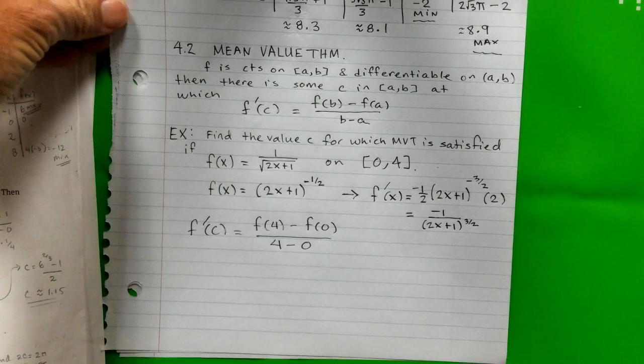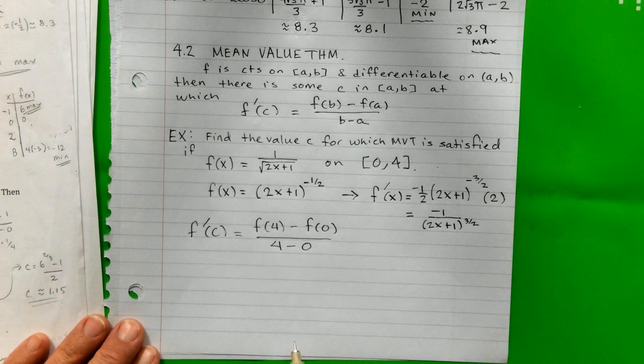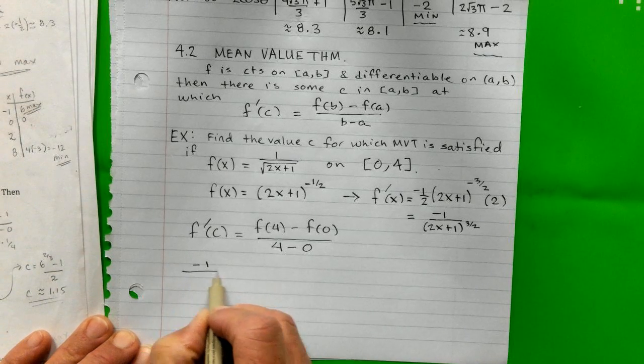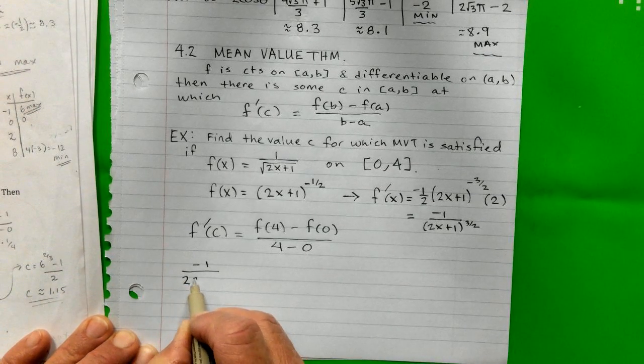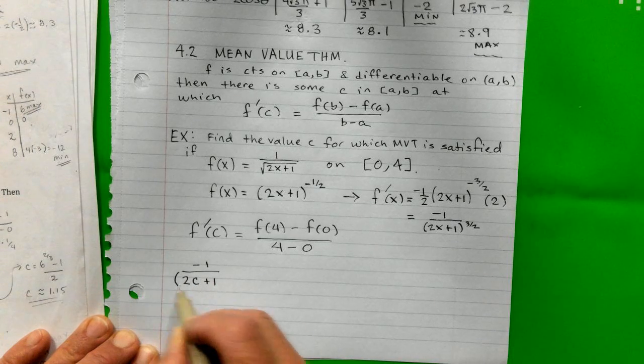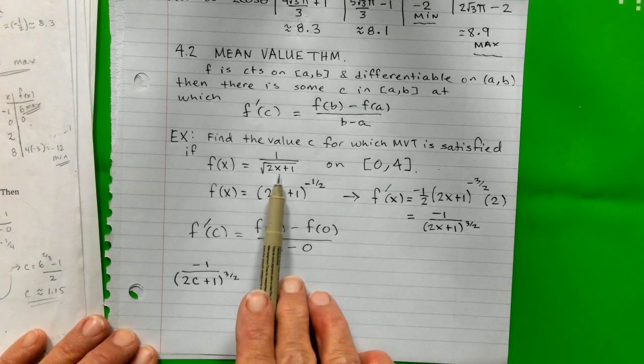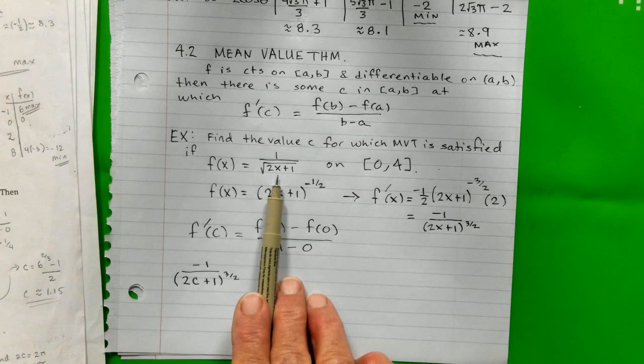So I've got minus 1 over, I'm going to use a c here. Let's find f of 4. On the bottom I'll have 2 times 4 plus 1. That's 9. Square root of 9 is 3.